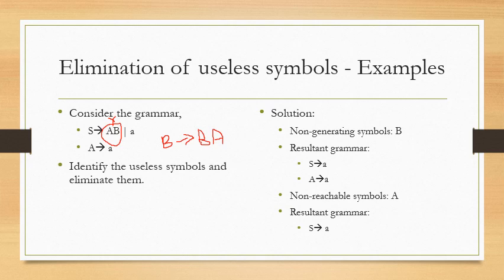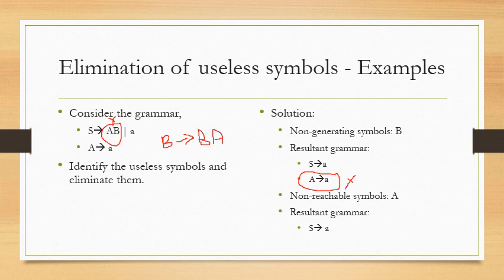Earlier, looking at the productions, from S, A is reachable and from S, B is reachable, so all the variables are reachable from the starting symbol. But after elimination of the non-generating symbol, the uppercase A non-terminal is not reachable. So A is non-reachable and we can eliminate it as such. So you'll have only the production S determines small a.